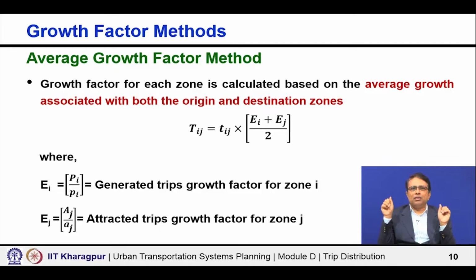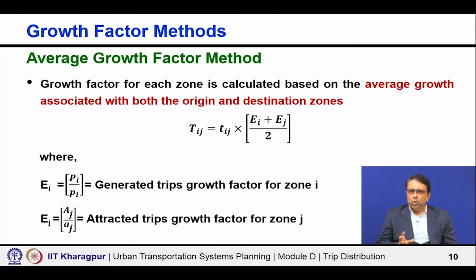So there are two tags I, J, and trip is happening between I and J. So what it does is it takes the average growth of I and J. You can see here the capital Tij, the future or design year or horizon year Tij value, is small Tij multiplied by (Ei plus Ej) by 2.